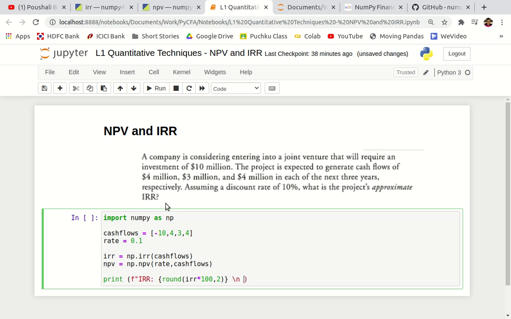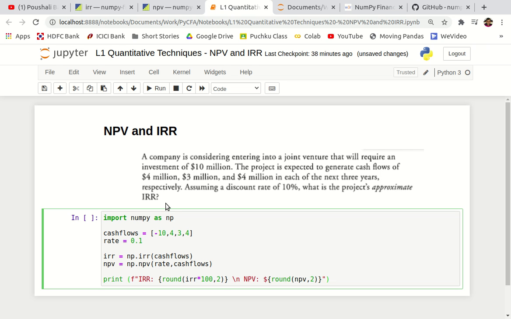Backslash n to go to the next line, and then we have NPV. Again, let's round this off. Let's put a dollar, and we are good to go.